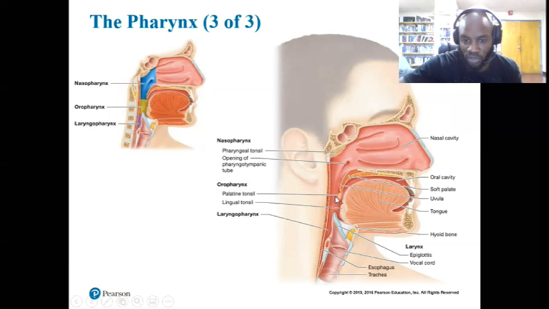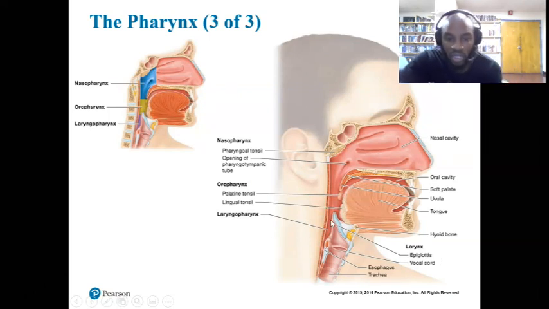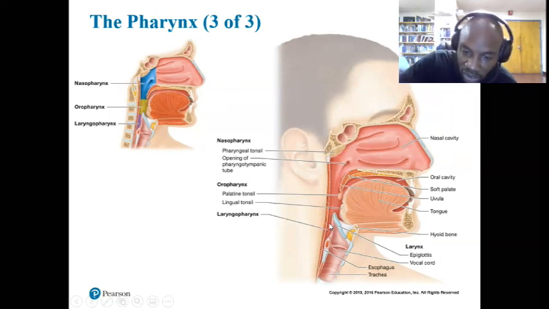You could have food and air passing through, non-keratinized epithelial, and then you have the larynx, and the laryngopharynx is the region here.